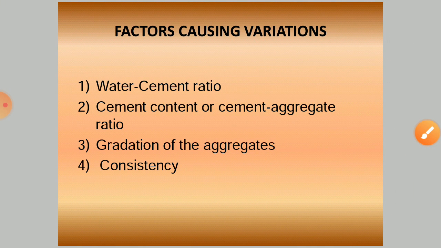Next is factors causing variations. These are the 4 important factors that are interrelated variables. They are adjusted to give minimum or maximum workability and economy.